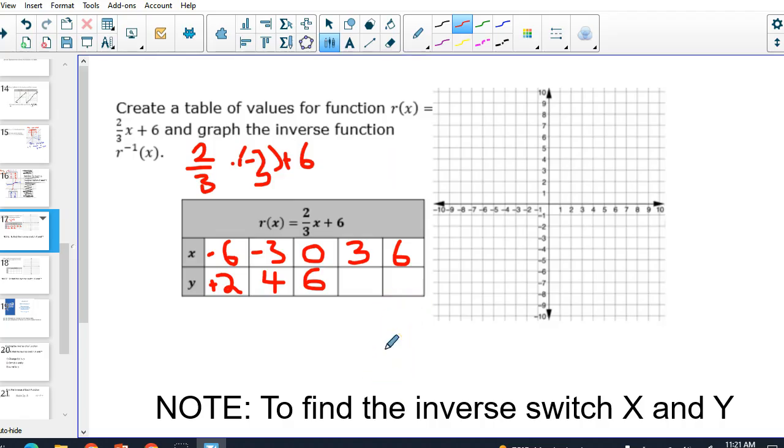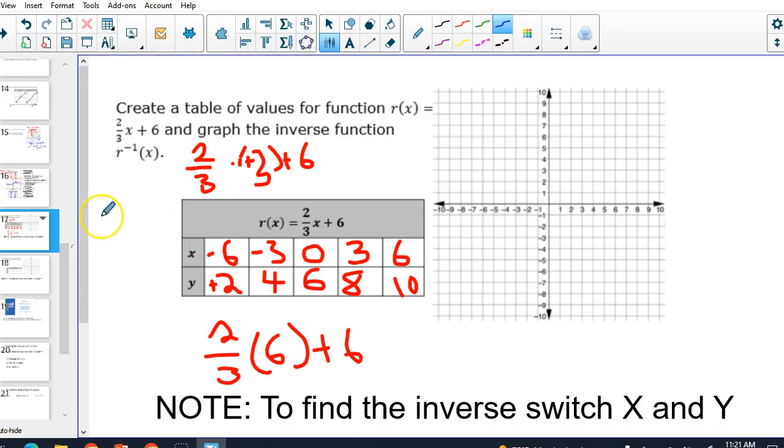Okay. Similar idea on this side. If I plug in +3, we're going to get 2 plus 6 will be 8. And if I plug in +6, since it messed up last time, I guess I'll write it down here. 2/3 times 6 is 4. 4 plus 6 is 10. Okay, so that's our original function.